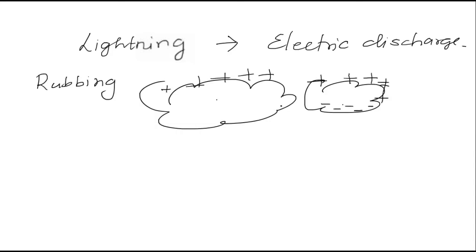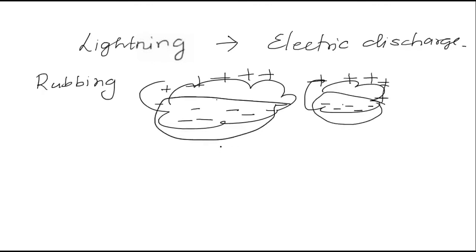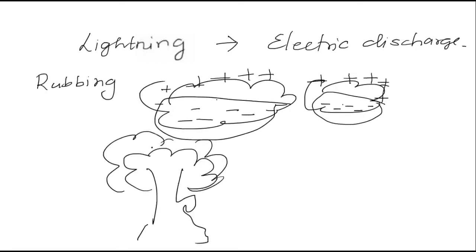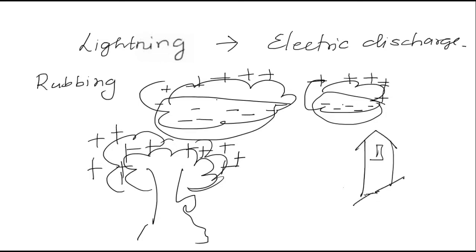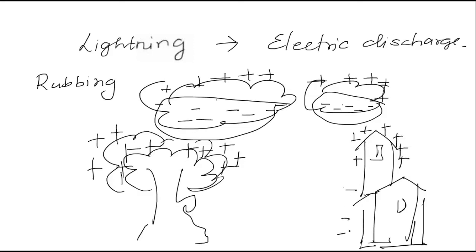So let me show negative charges at one end, and this concentration of charge influences or induces either a tree to have an opposite charge on the top, or a building. Suppose let me make a building here. So this is a tall building, and it also will develop positive charges here, because the negative charges will move away.